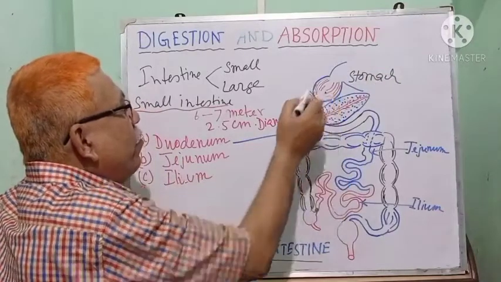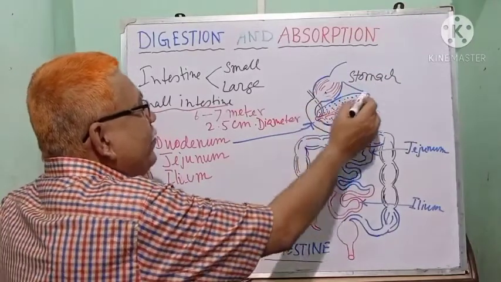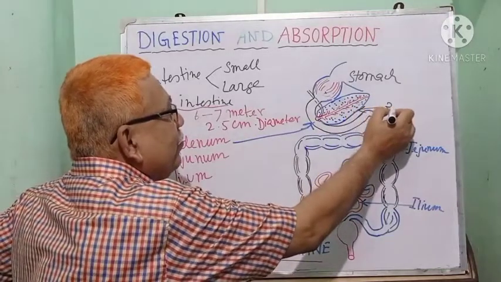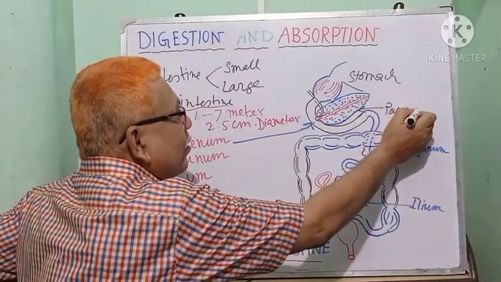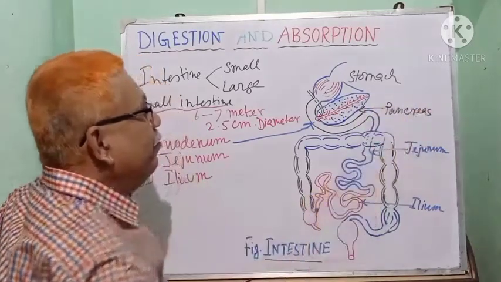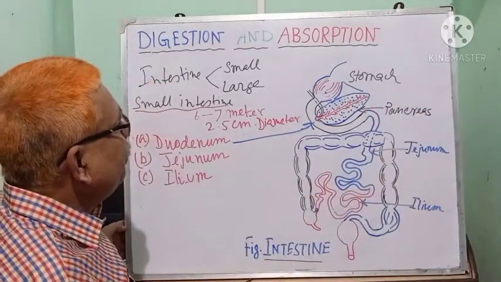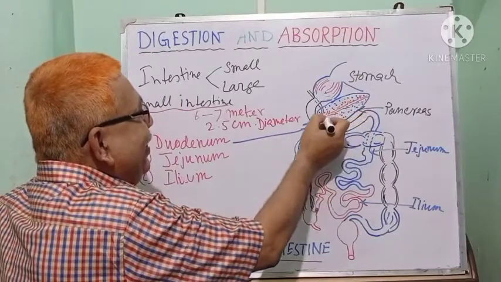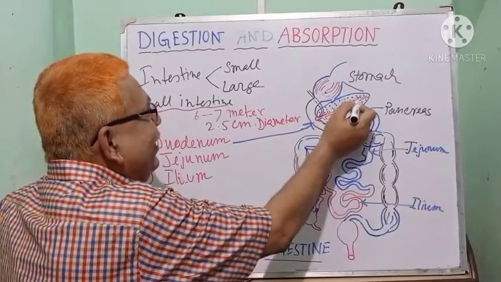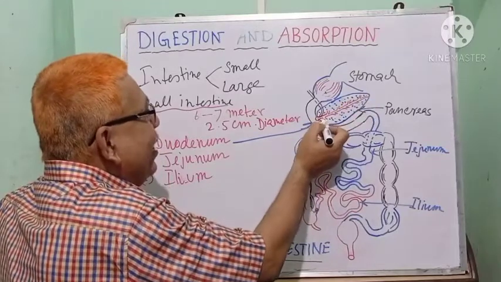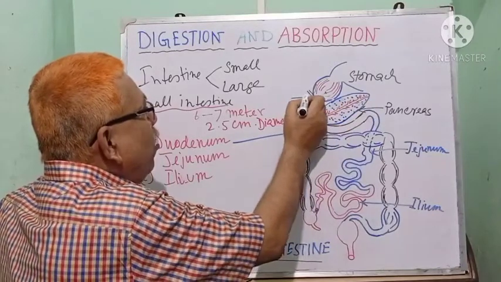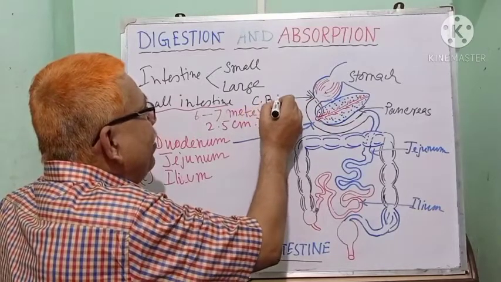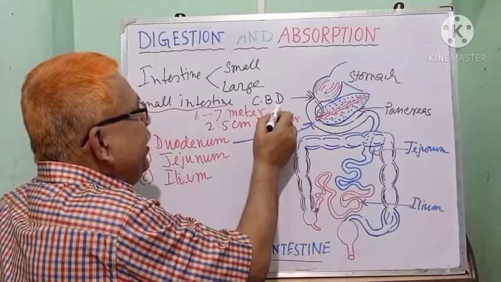This is pyloric stomach, there is a gland called pancreas. This is called pancreatic duct, coming from pancreas, and this is called common bile duct, CBD.